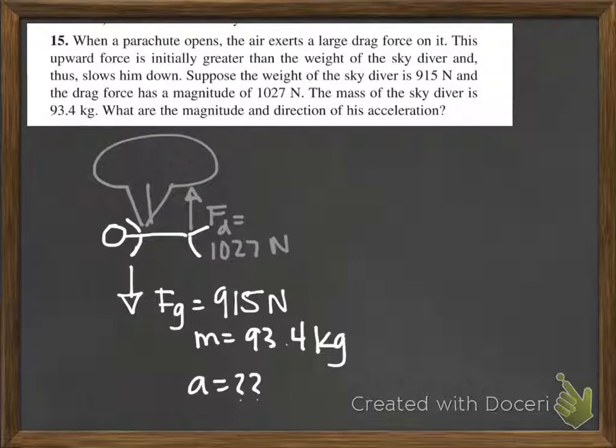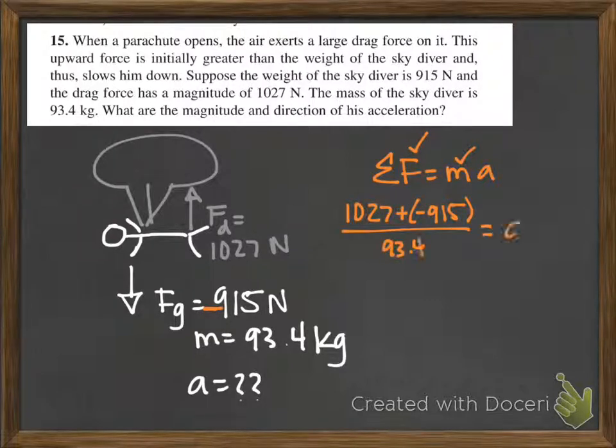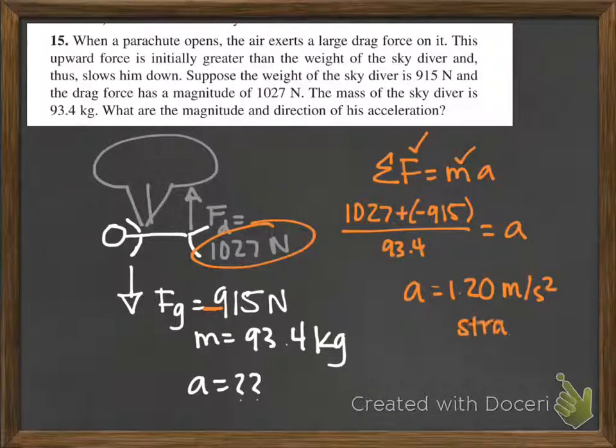But remember that it's the net force equals mass times acceleration. So that net force just means the addition of the two forces. So it will be 1027 minus 915 because it's pointing down. And that will just give you an acceleration of 1.2 meters per second squared.